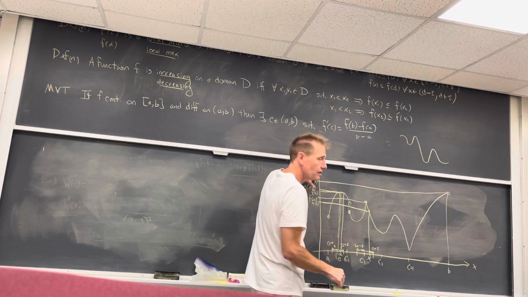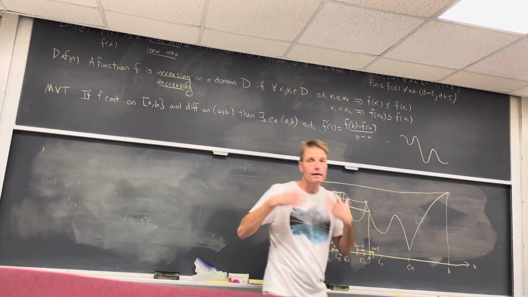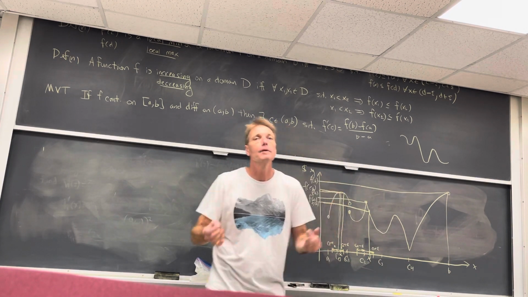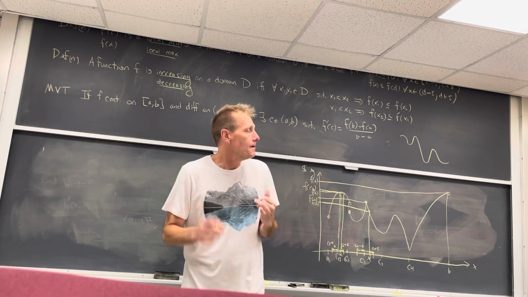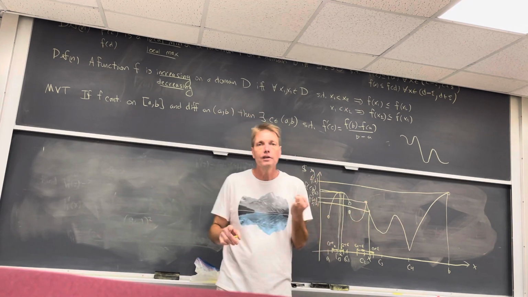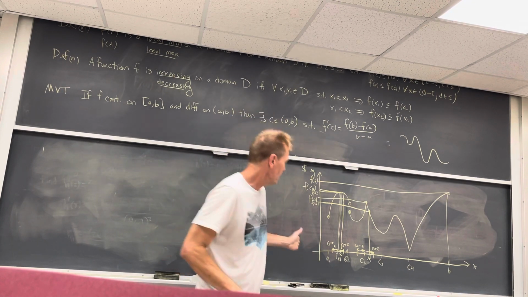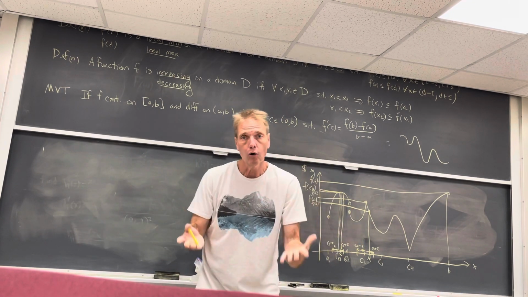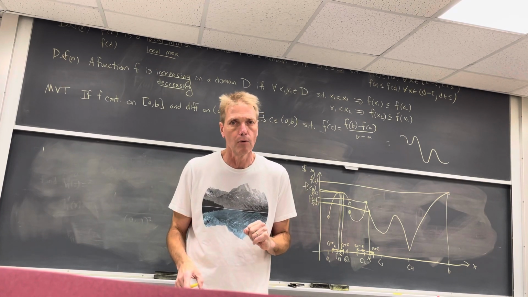And f of B is the most money that I'm going to get. Everybody else in between A and B, they're going to be less than f of B. But the global max either must occur at an endpoint, so it's either A or B, or a local max, and that's why these local maxes and local mins are so important.